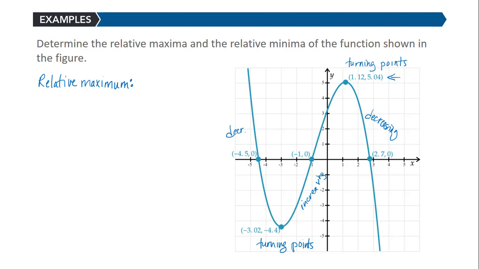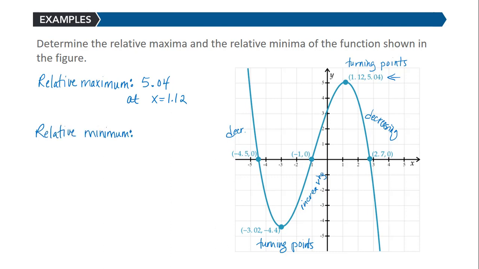But in this particular neighborhood, this 1.12, 5.04 is a high point. And so we say that there is a relative maximum of 5.04 at x equals 1.12.